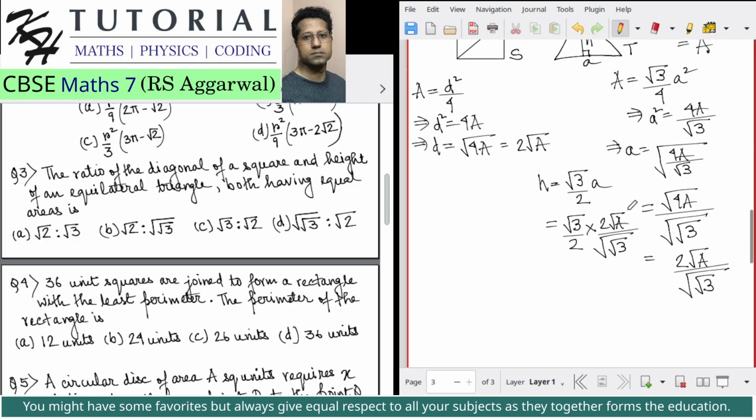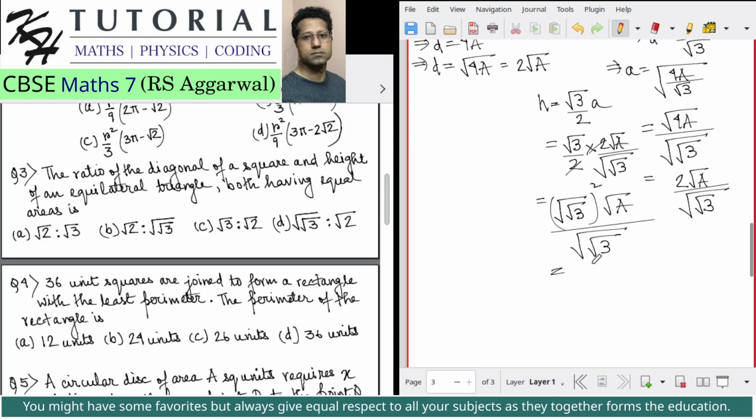Okay, so the 2 cancels out. Now what is square root of 3? I can say that square root of 3 is square root of 3 whole square, and I have square root of A divided by square root of 3.